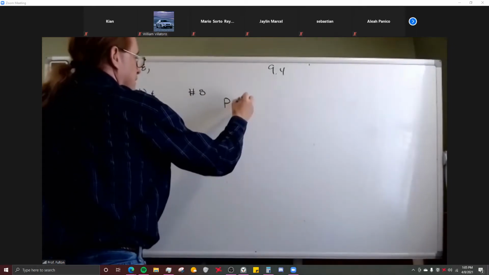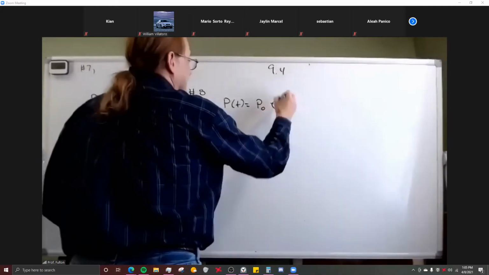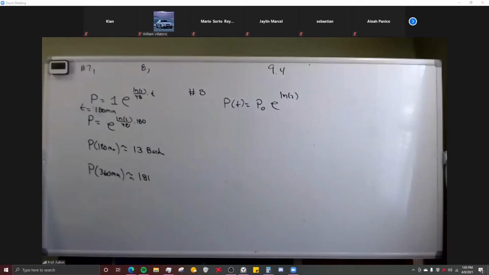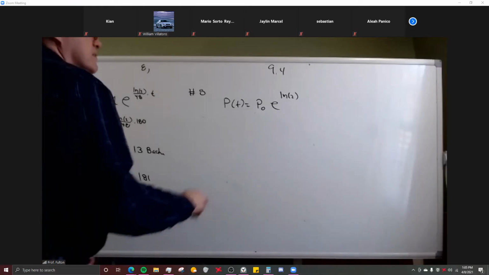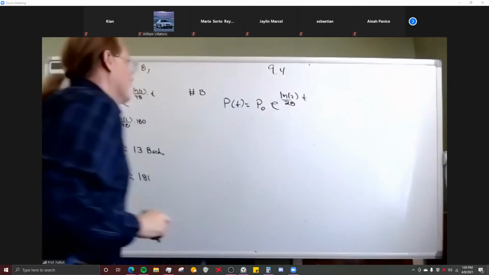P of T is my P0 e to the natural log of 2, but instead of 48, this is a different one. This is Staphylococcus aureus bacteria every 28 minutes. That's the model. Very similar.